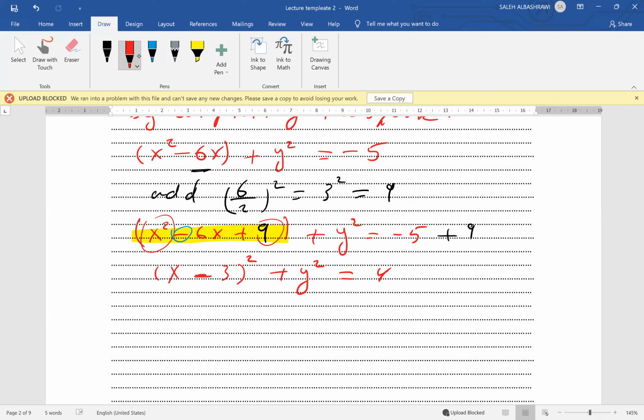That is x minus 3 to the power 2 plus y squared equal to 4. Now this is standard form. So we can find the center for this equation, which is 3 and 0, and r equals the square root of 4, which is equal to 2.